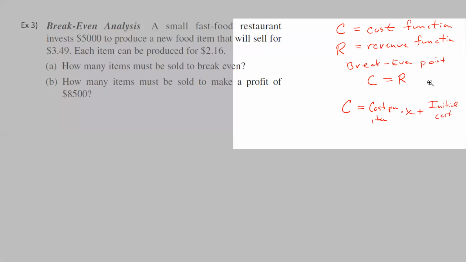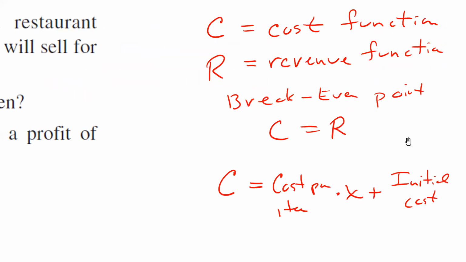So you guys, this is cost per item to produce. Sometimes called production cost. Sometimes called manufacturing cost. Then you have initial cost. What did you do to invest it here?